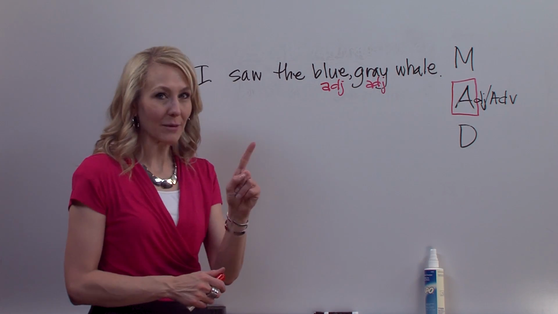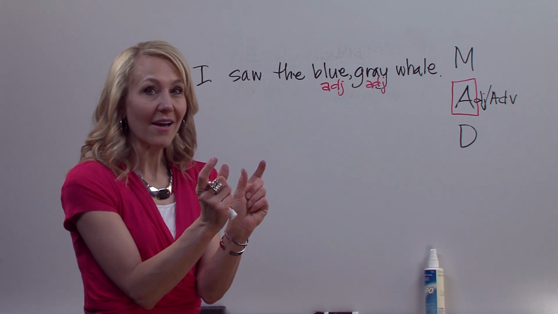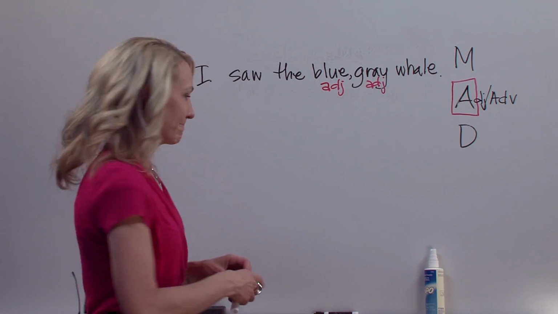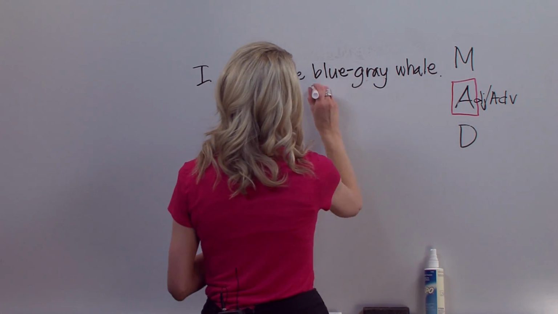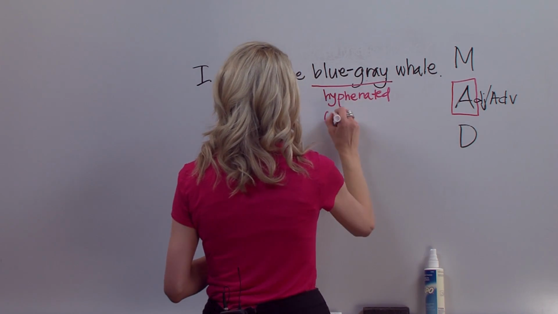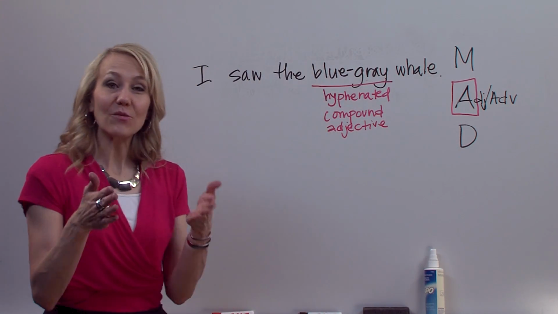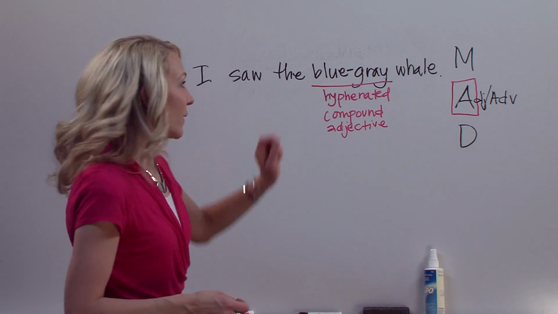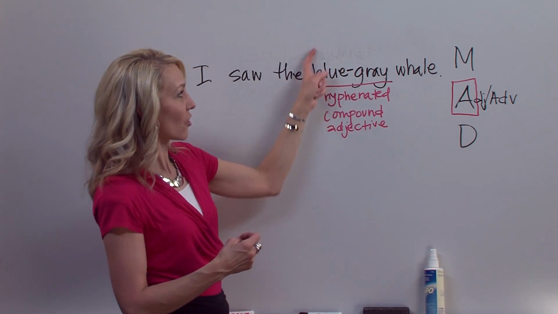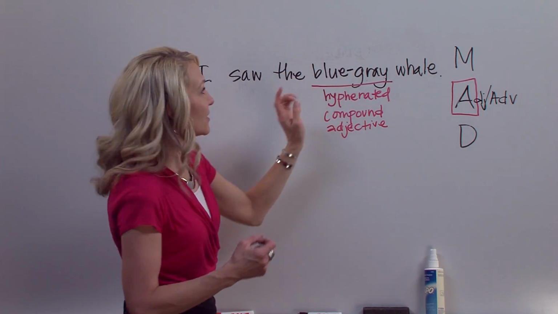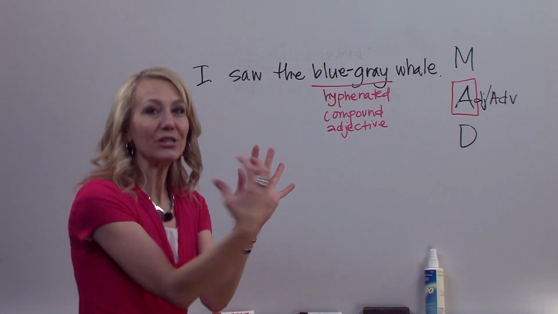Well, we have one more option, because remember, we can take two adjectives and we can link them together with a hyphen, and let's see what happens when we do that. Okay, so now when I put in a hyphen between blue and gray, remember the hyphen lets this adjective describe this adjective. So now what I'm saying is that this is a whale that's a bluish gray.